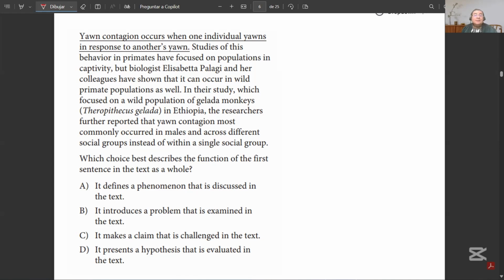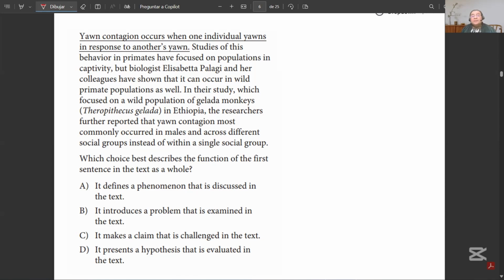In their study, which focused on a wild population of gelada monkeys, Theropithecus gelada, in Ethiopia, the researchers further reported that yawn contagion most commonly occurred in males and across different social groups instead of within a single social group.